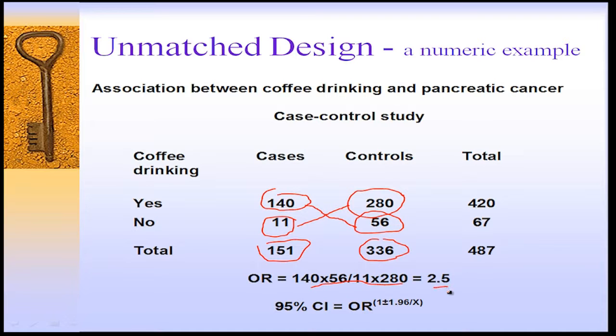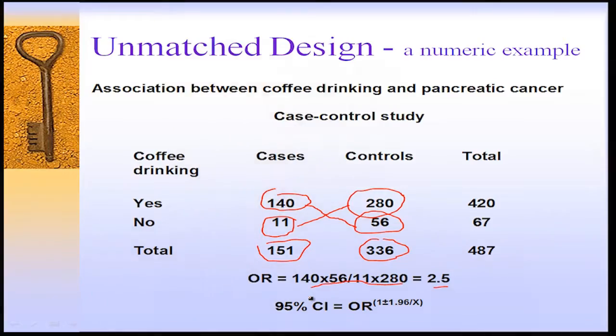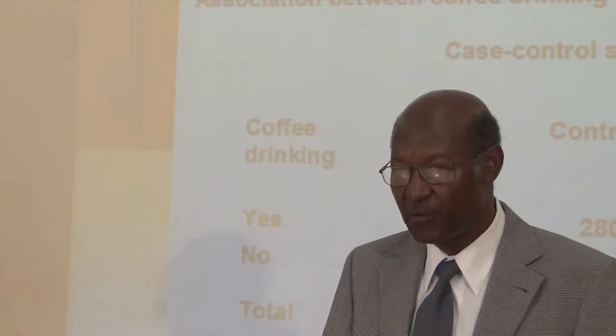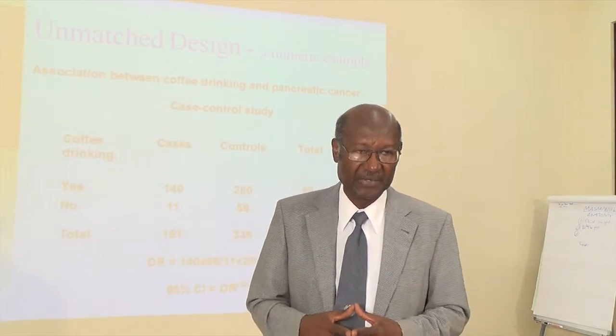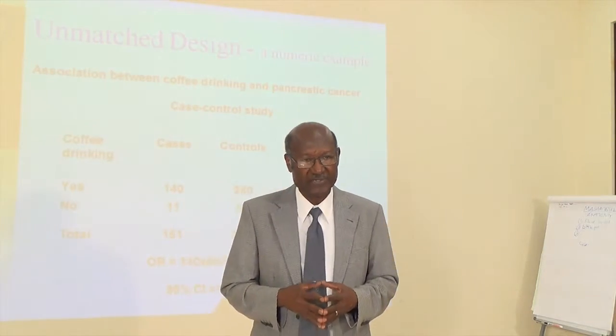And this odds ratio of 2.5 can be interpreted as saying those who are exposed to coffee drinking are 2.5 times more likely to get pancreatic cancer than those who are not exposed to coffee drinking. That is how we would generally interpret 2.5 as the odds ratio.